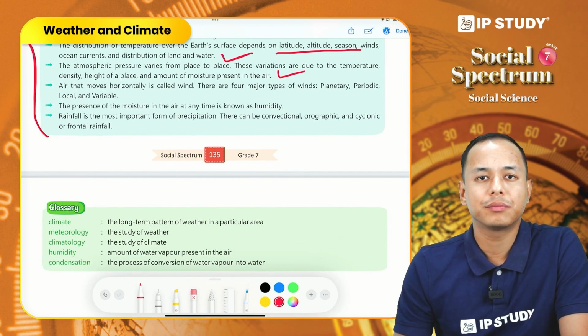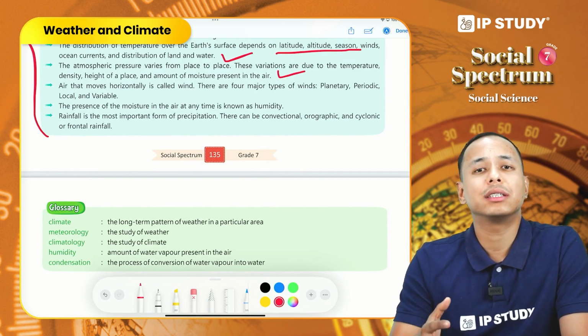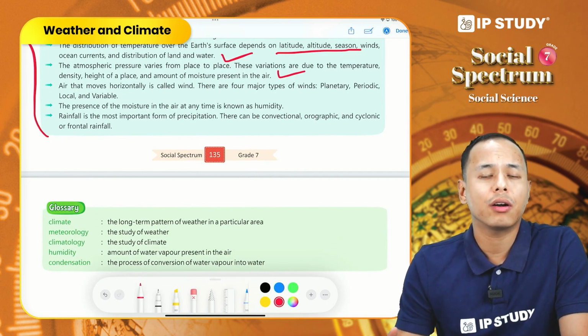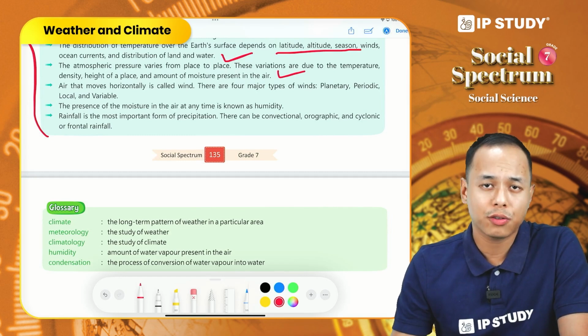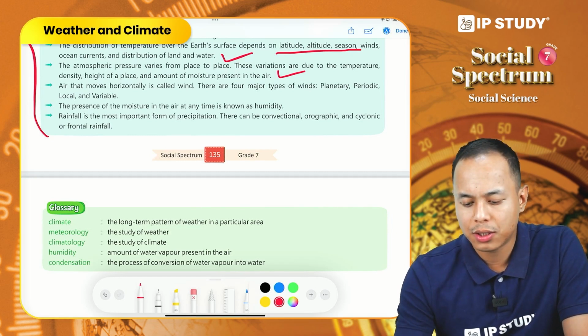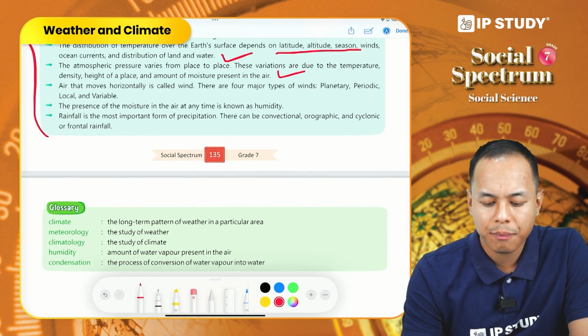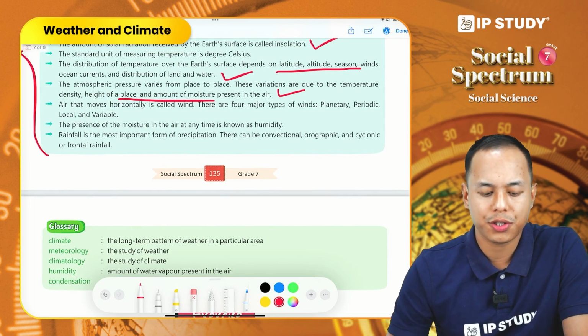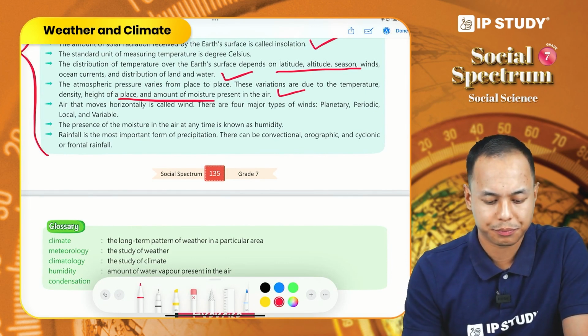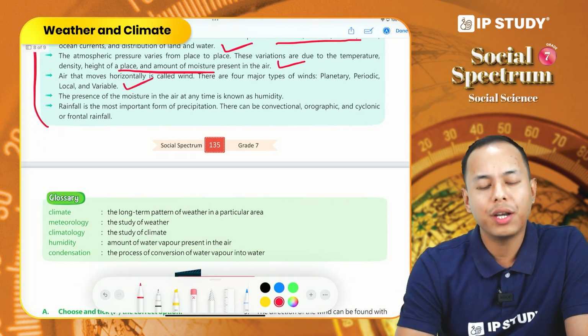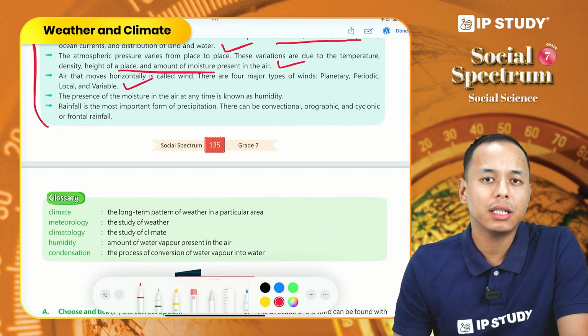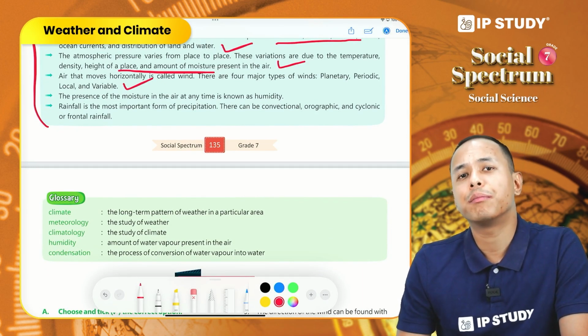Atmospheric pressure refers to the weight exerted by a column of air on a particular place. It also varies due to latitude, altitude, and amount of moisture present in the air. Wind is air that moves horizontally due to the variation in atmospheric pressure.